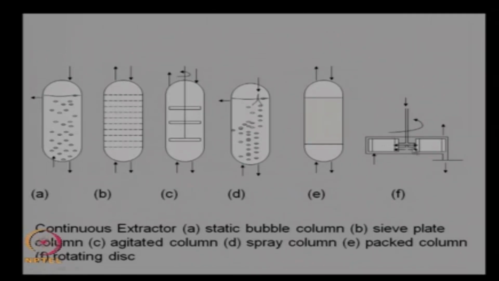The next design is called the rotating disc. So you have a very fast disc rotating and one liquid is introduced from here, the other liquid is introduced from this side. So this liquid, because of the centrifugal action, is thrown out, and this liquid which is introduced here, when thrown out at very large G values, they come in contact, and a large mass transfer is created.